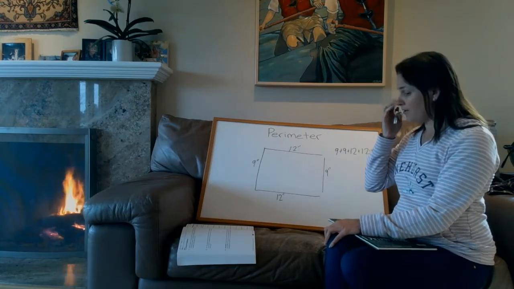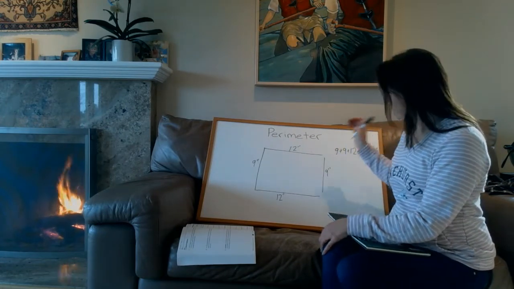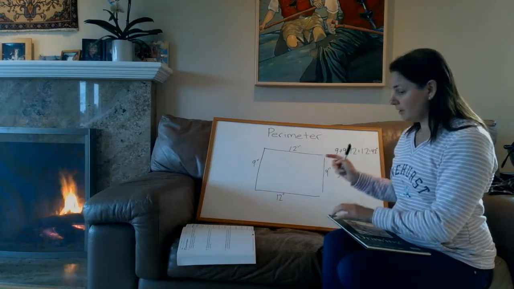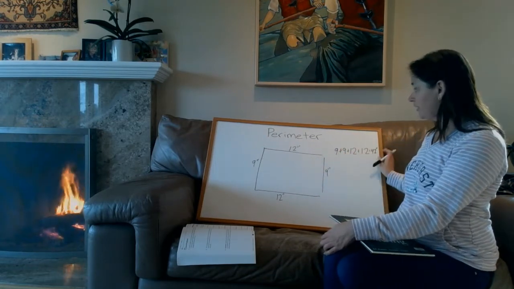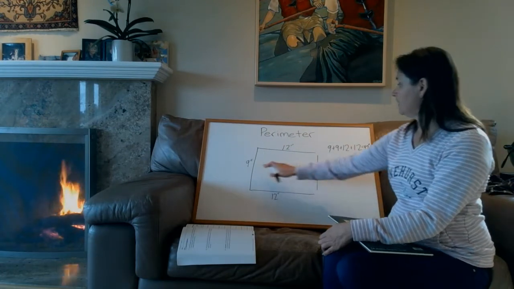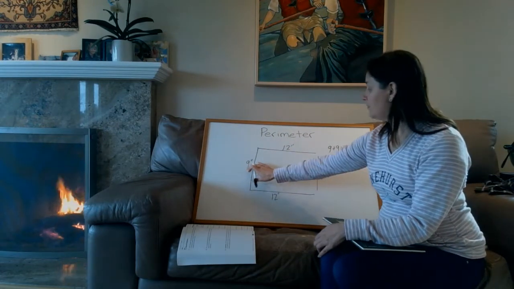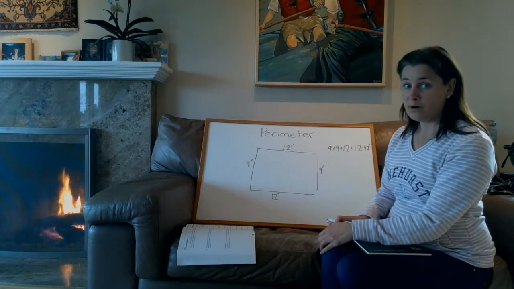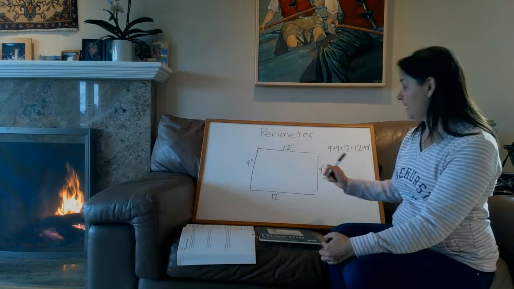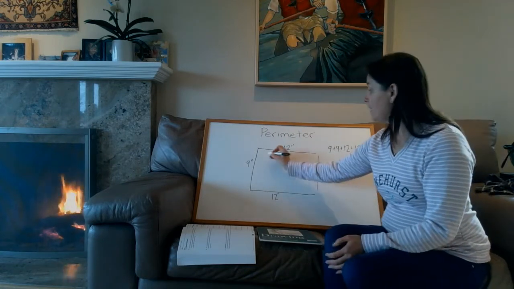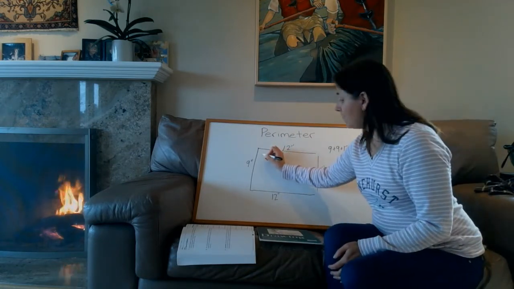Now what I want you to write in your notebook is that to find the perimeter, you can do it 2 different ways. You can do it like we did here, which is length plus width, or you can do it another way, and you probably are already on to me. So I'm going to write it inside of here, where I write perimeter.